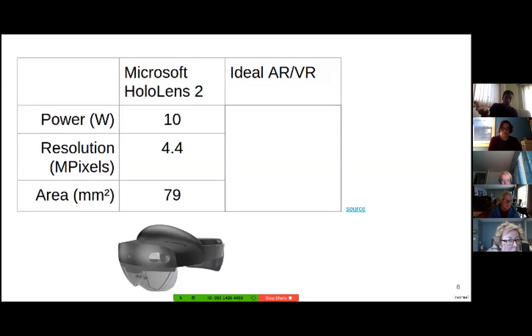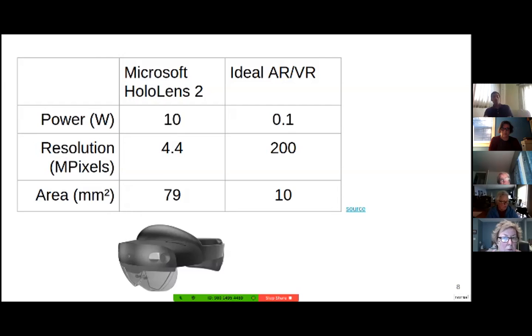It consumes 10 watts of power, has a 4.4 resolution of the screen, and the area is 79 square millimeters. But in an ideal system, according to perception science experts, we would want the power to be 1/100th of what it is now, but the resolution to be 50 times what it is now, and the area to be almost 1/10 of what it is now.